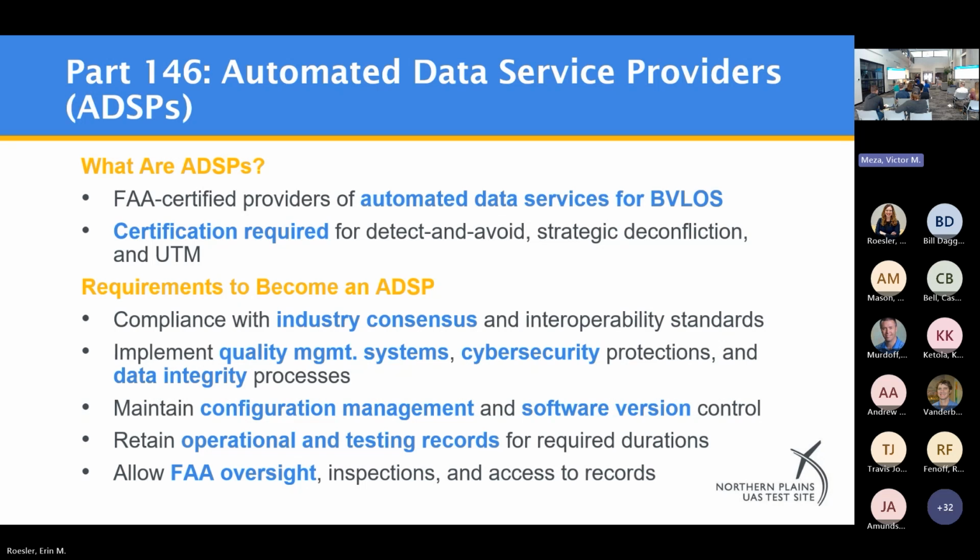So there's a lot of rigor, a lot of operational maturity that is required to now offer a service provider. But at the end, you also have to allow that FAA oversight and validation of that service before it can be offered and essentially certificated under Part 146.